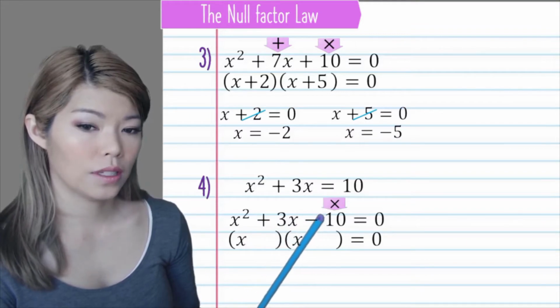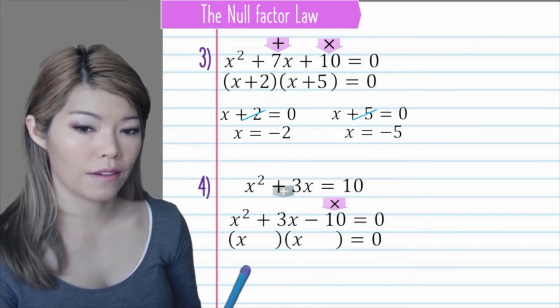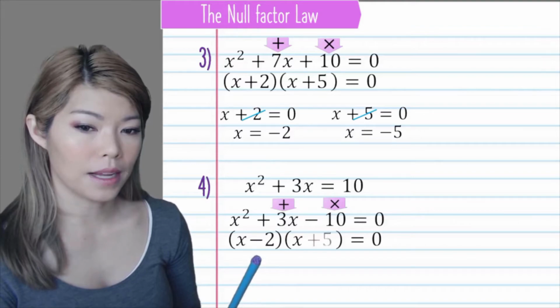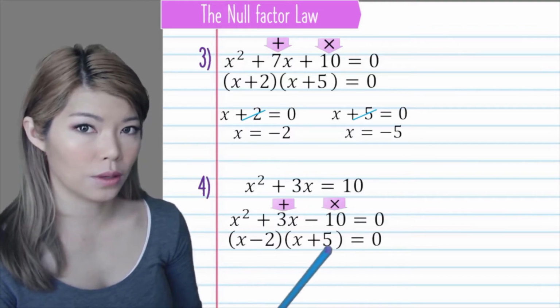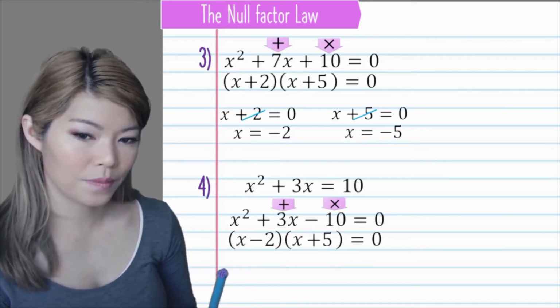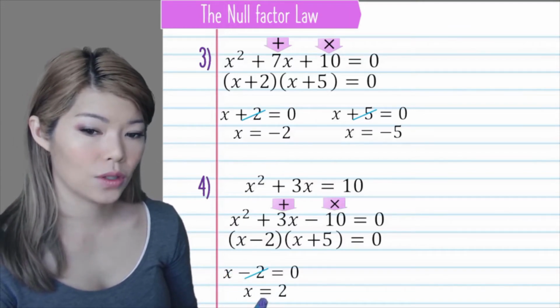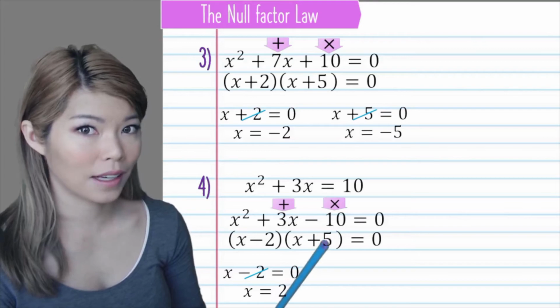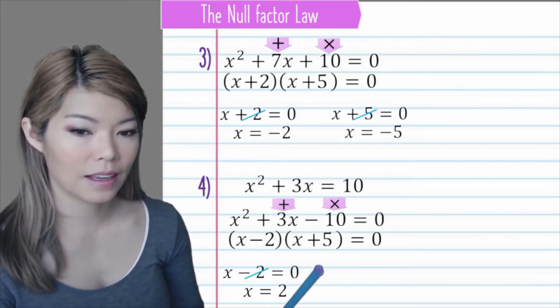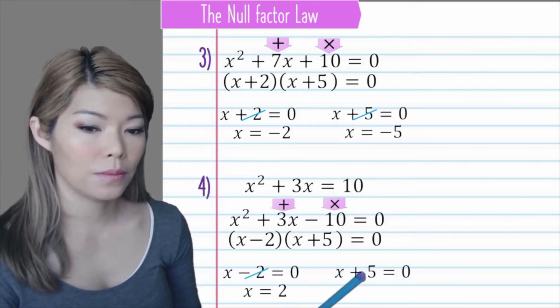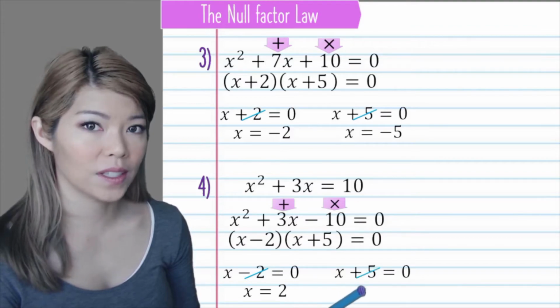So we want the 5 to be positive. So we have plus 5 and minus 2. Doesn't matter which order you put them in, the answers will be the same. So x minus 2 is 0, cancel the minus 2, x is equal to 2. So don't forget the other factor, that's also another common mistake. So x plus 5 is 0, and then cancel out the 5 on both sides, we get x is equal to minus 5.